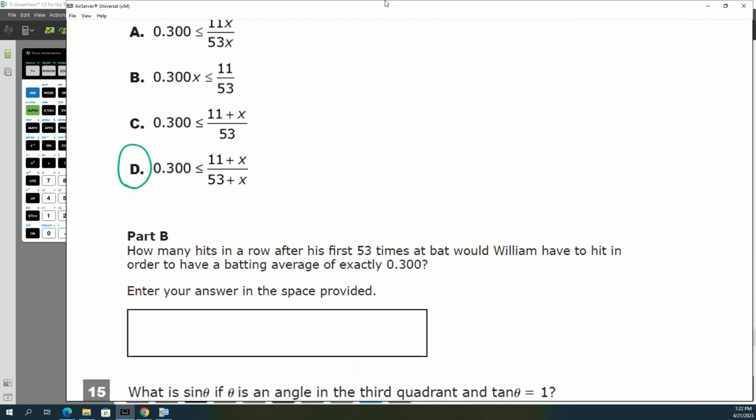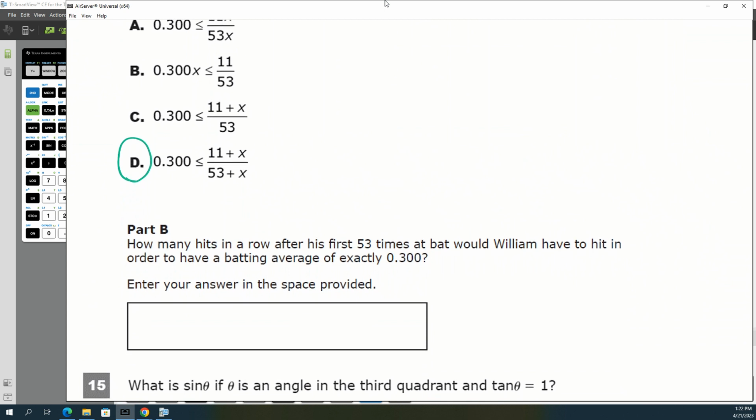All right, and then part B says how many hits in a row after the first 53 times at bat would William have to hit in order to get a batting average of exactly .300? So what we would do is just change that inequality we chose for D to an equal sign and solve it for x by multiplying by this denominator.